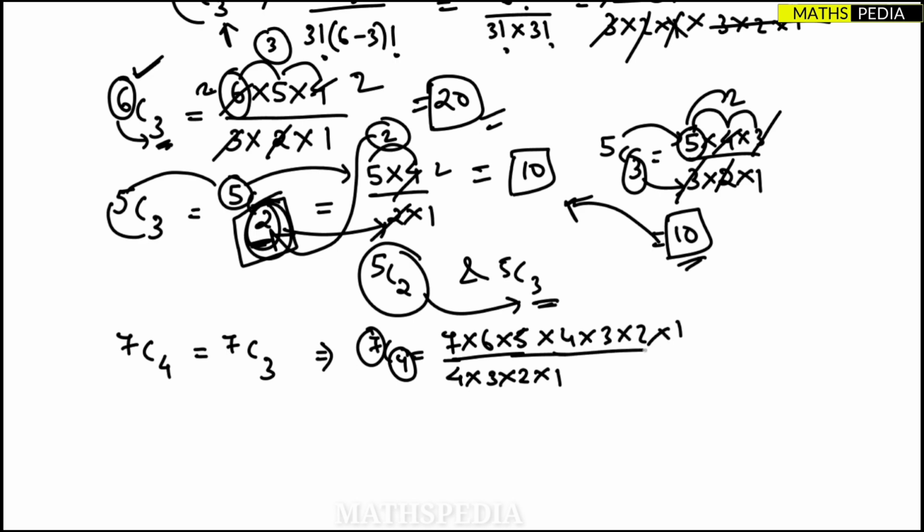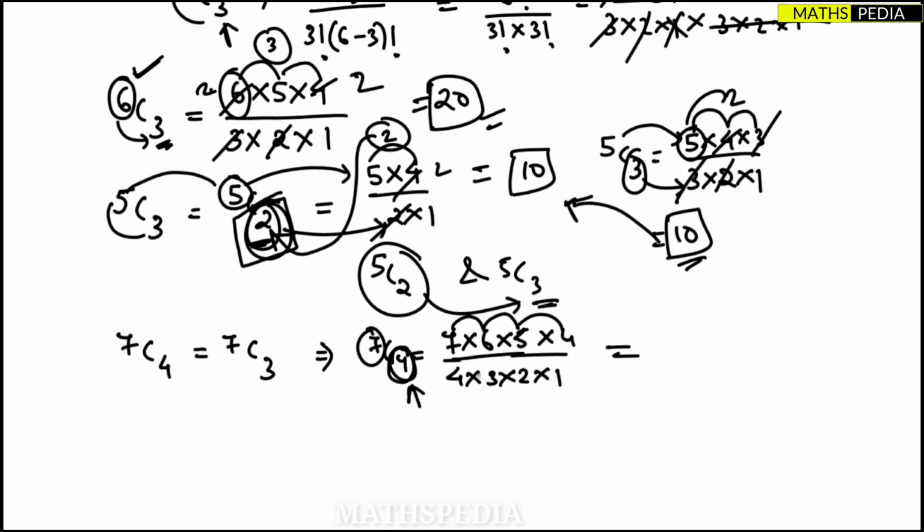But always remember that I need only 4 numbers, because the down part is indicating 4. So I should take only 4 numbers. So 7, 6, 5, then 4. So total 4 numbers I have. I should just eliminate this portion, 3 and the rest. So I have got 4 numbers.